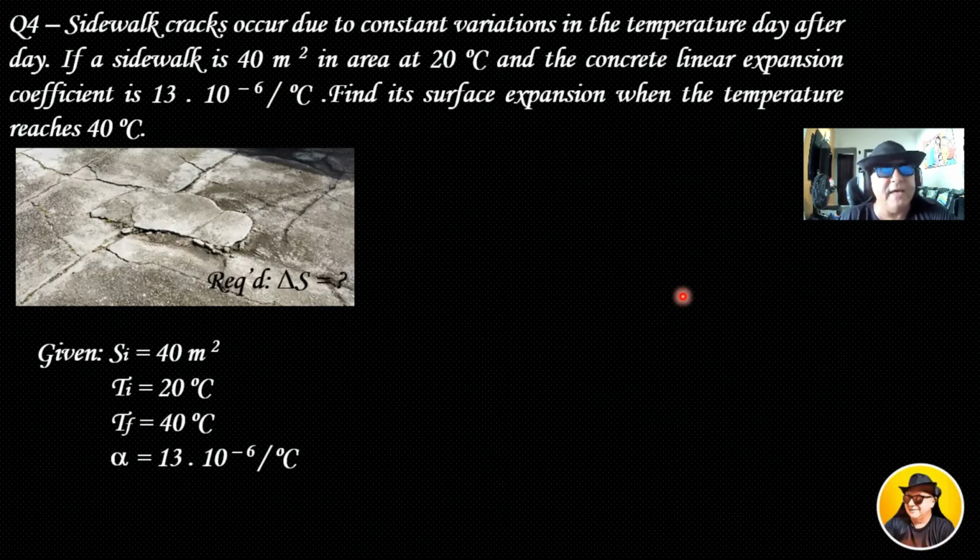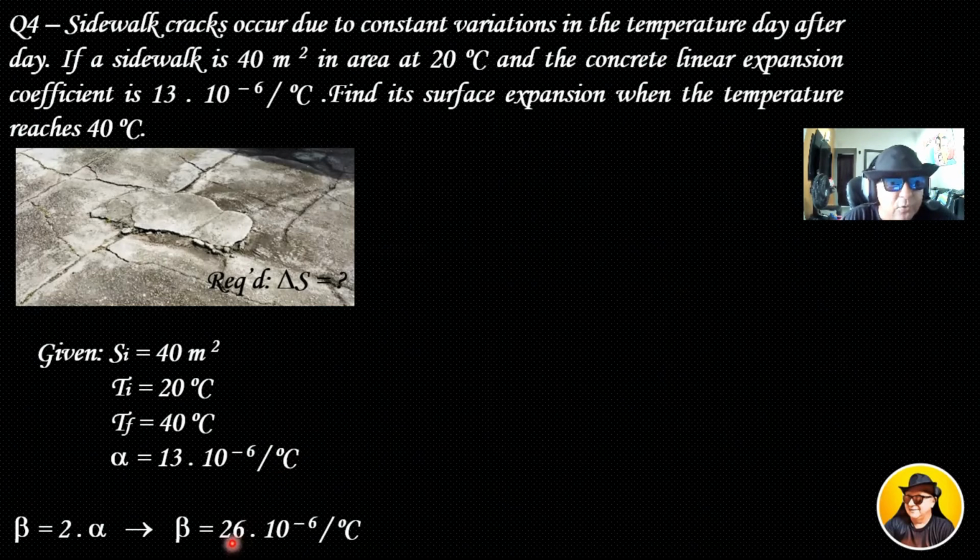The surface expansion, delta S, is required. Beta is 2 times alpha. If alpha is 13 times 10 to minus 6, beta is 2 times 13, which is 26. So beta is 26 times 10 to minus 6 over degrees Celsius. This value we are going to use. We are not going to use alpha.